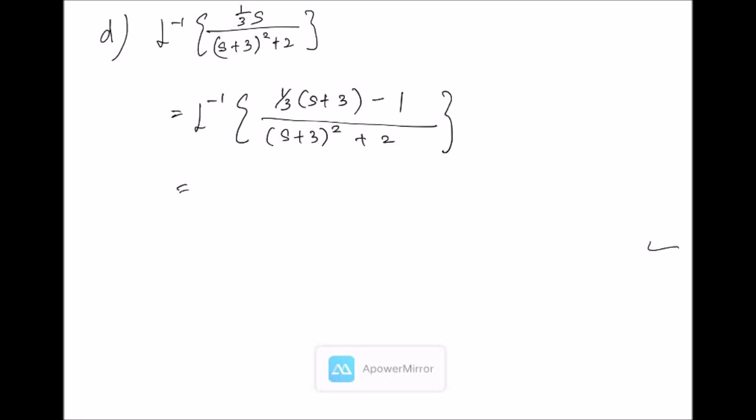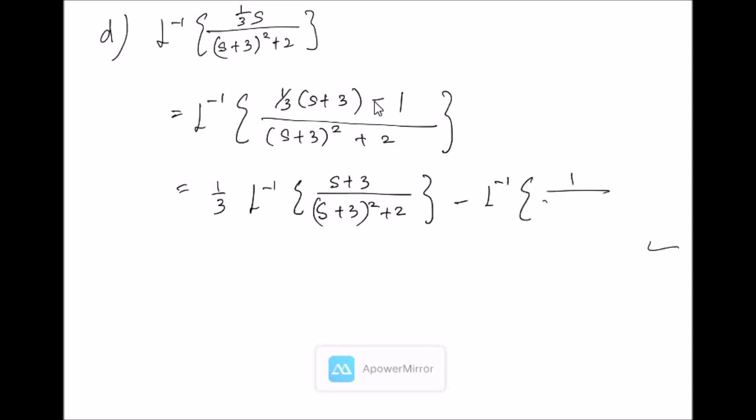Alright, so from here, we take out the 1 over 3, and then we left s plus 3 over s plus 3 squared plus 2. So we split into 2 because it's the operation of minus. So we minus with inverse Laplace 1 over s plus 3 squared plus 2.